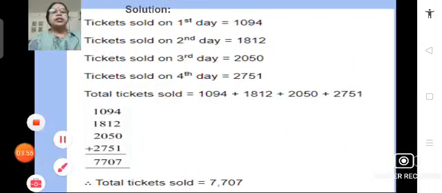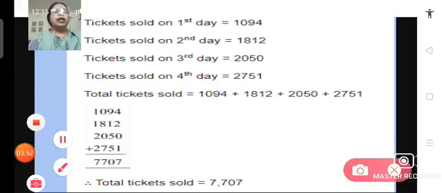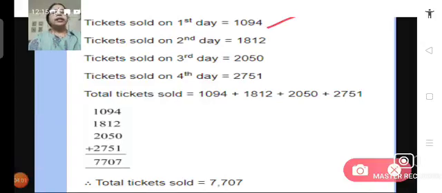So we write tickets sold on first day 1094. Tickets sold on second day 1812. Tickets sold on third day 2050 and tickets sold on fourth day 2751.